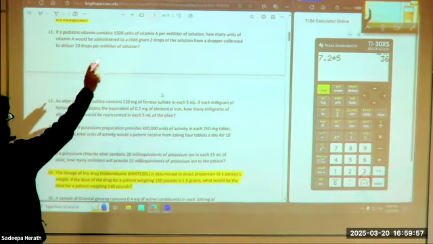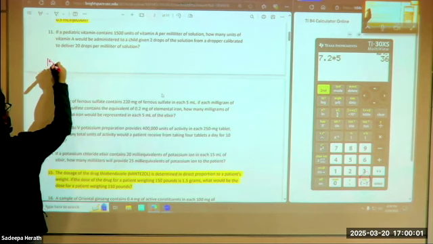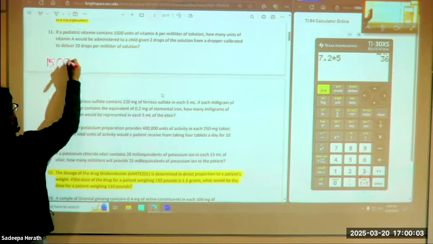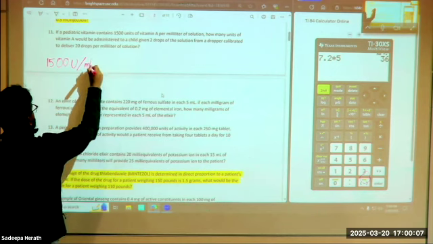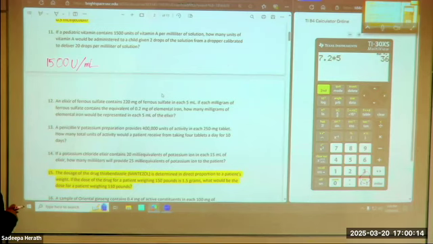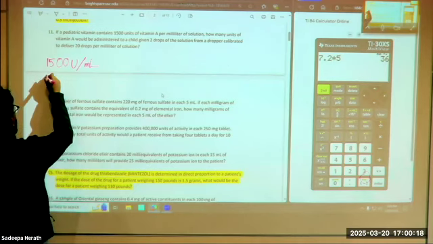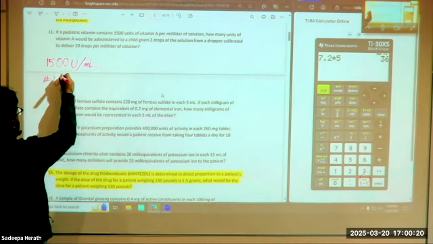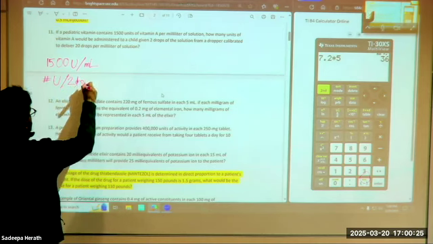So this vitamin A has 1,500 units per ml in that solution. And what they're asking for is the number of units per 2 drops. Uh-oh, 2 different units.